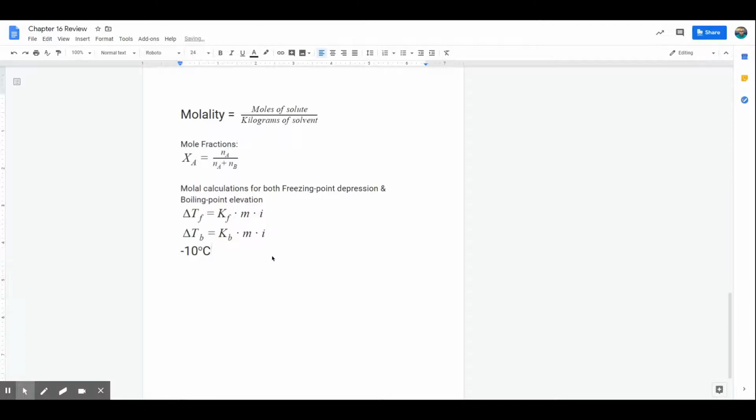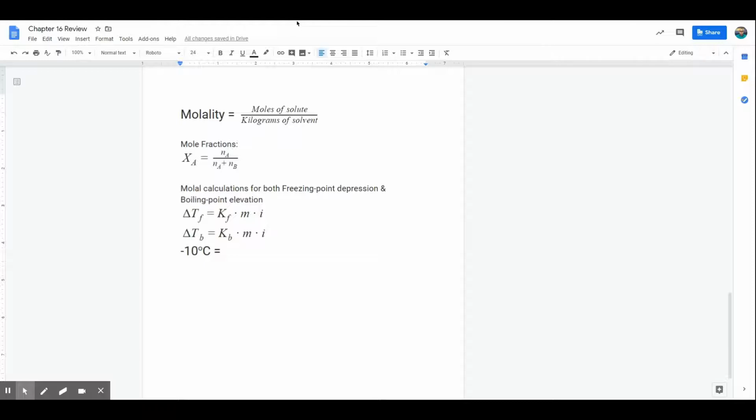Celsius. And then I would set that equal to the Kf, or the molal constant for freezing point depression. This is a value that you can look up. So Kf, you can look it up, it's not a problem. What I would do is Google it.